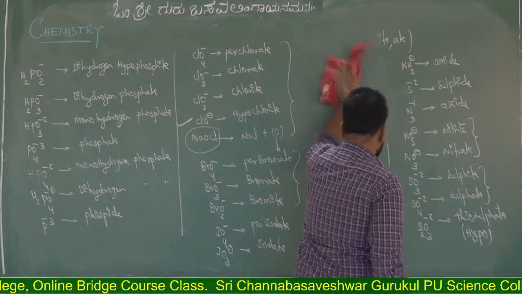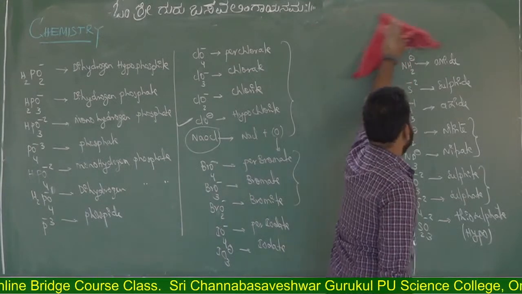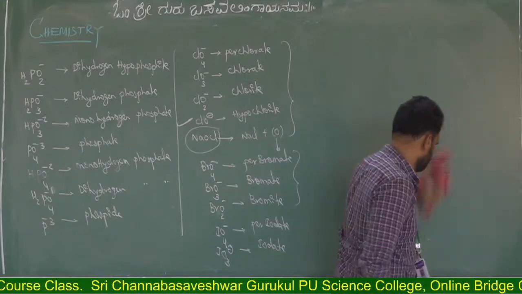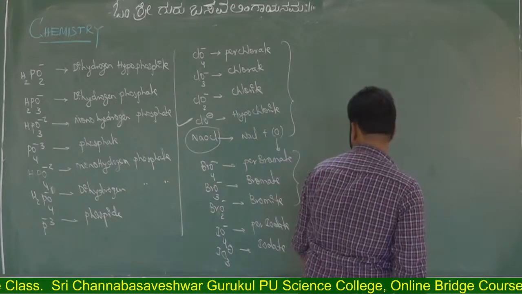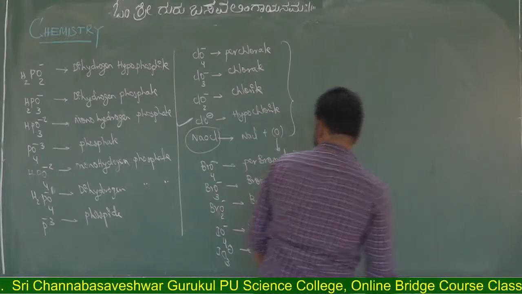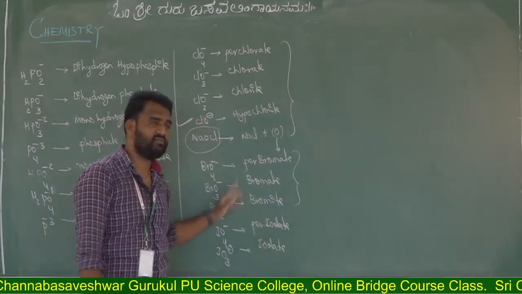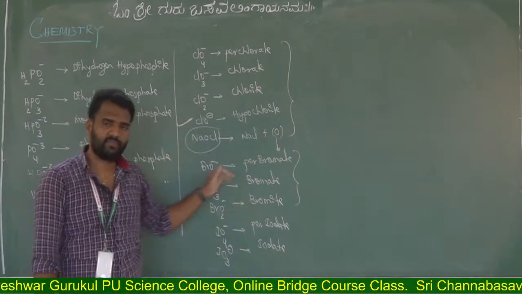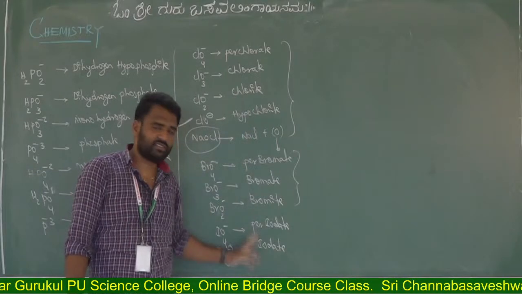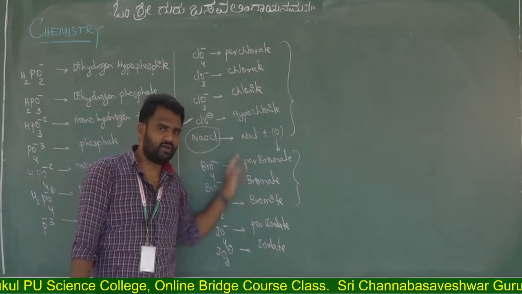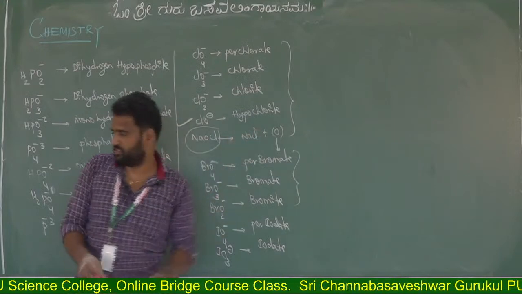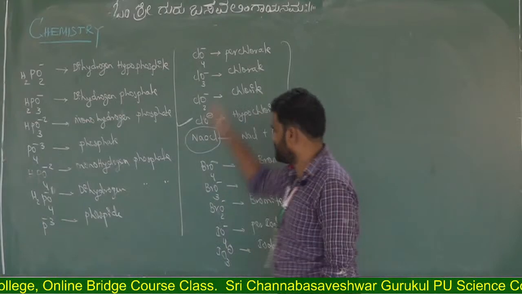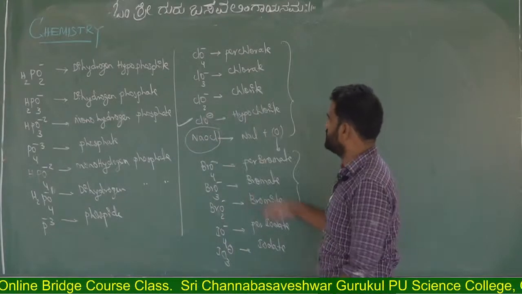Now one interesting thing here: later in the halogen family we will discuss in detail why fluorine does not form all oxo acids and which oxo halogen anions are stable. Just here you need to know the names of these anions, the halogen and oxygen anions.